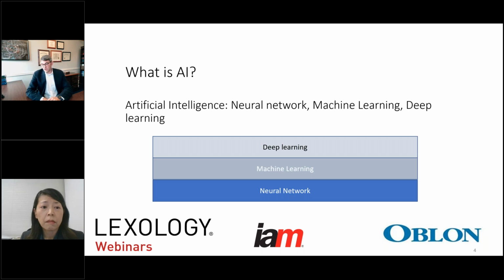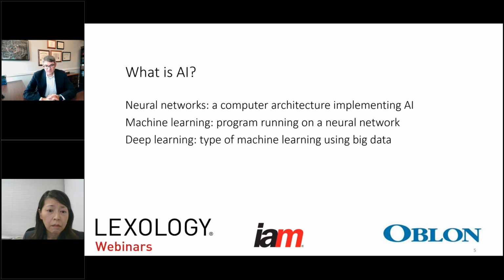So let me start by first talking kind of an overview of what artificial intelligence is. So there's kind of three high-level layers of artificial intelligence, one being deep learning, then machine learning, and then a neural network. To give a very short explanation of what each of these are, we like to think of neural networks as the computer architecture that implements the artificial intelligence.